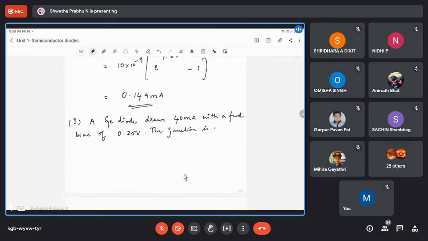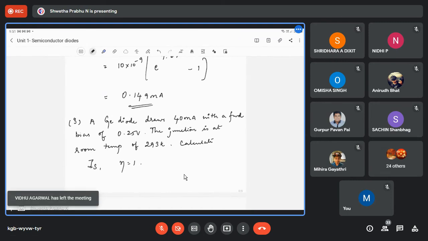The junction is at room temperature of 293 Kelvin. They're asking you to calculate your saturation current IS and assume beta value to be equal to 1. Solve and tell me how much you'll get.